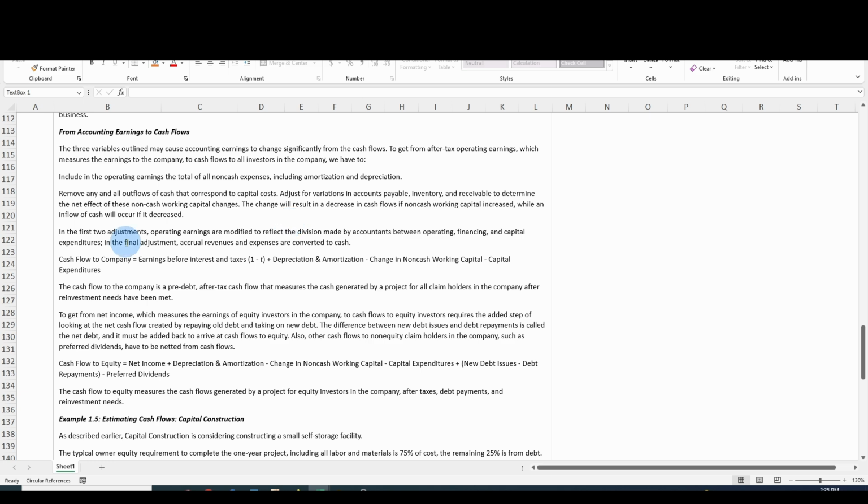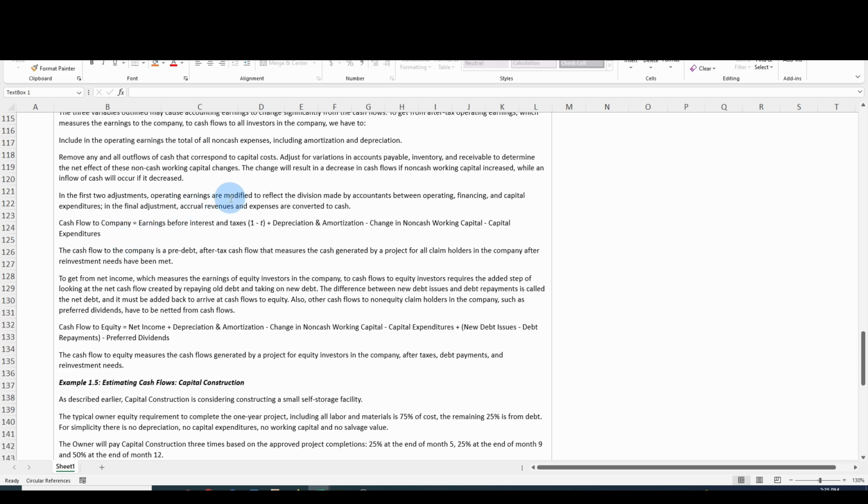In the first two adjustments, operating earnings are modified to reflect the division made by accountants between operating, financing, and capital expenditures. In the final adjustment, accrual revenue and expenses are converted to cash.